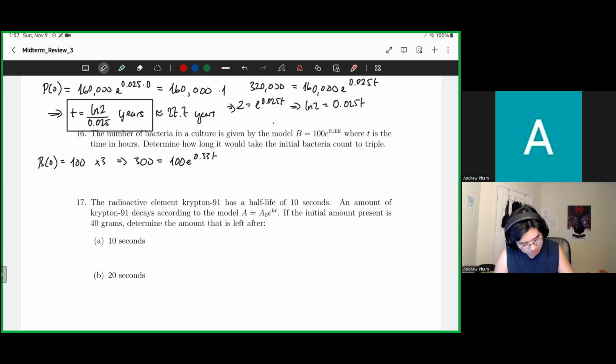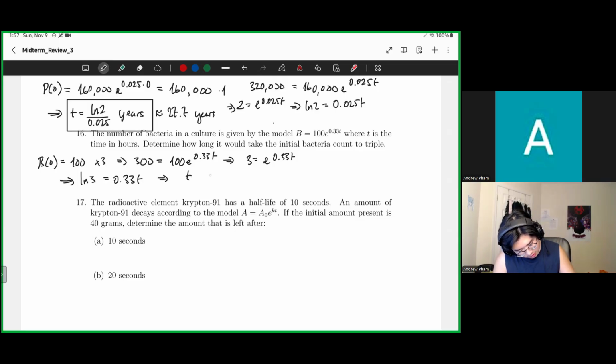Right? So if you divide by 100 on both sides, you get 3 is equal to e to the 0.33t. So take the natural log on both sides, cancel it out on the right-hand side. So you're left with ln3 is equal to 0.33t.